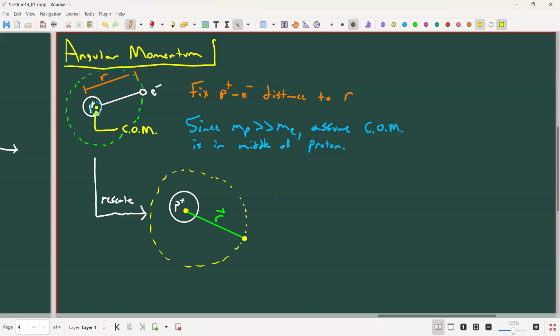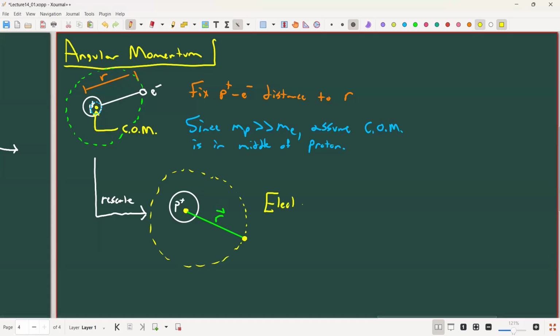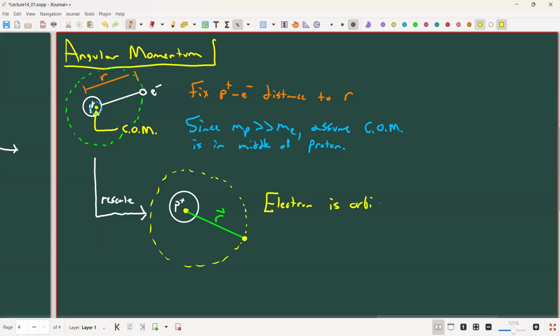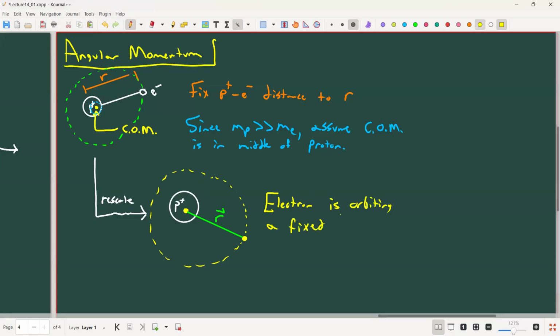So this is basically just saying the electron is orbiting a fixed body. We'll just assume that that's true, and it's a very good approximation to very high precision.